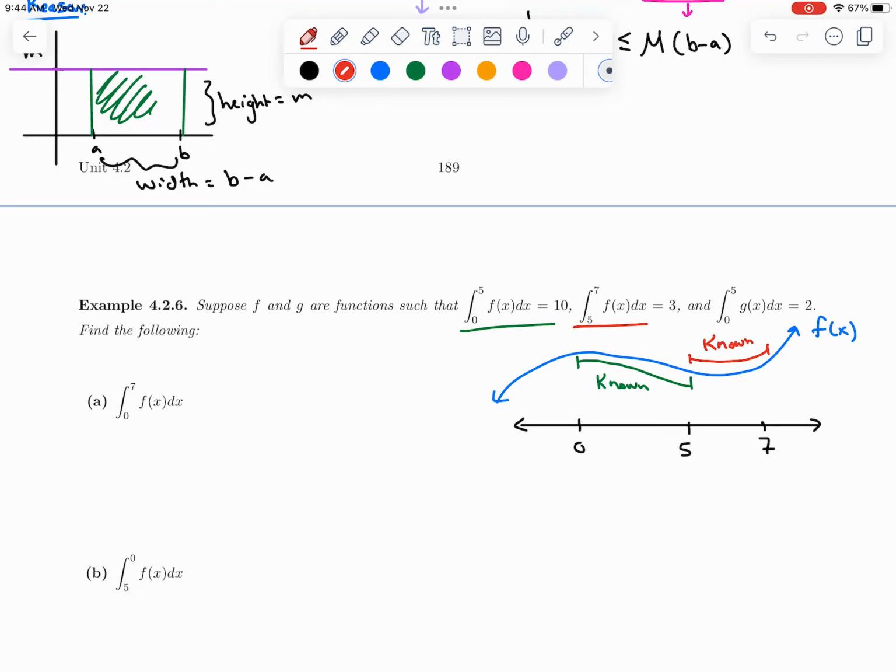So, how would I find the integral from 0 to 7? I just take the integral from 0 to 5, that's the first chunk of it, and add the second chunk.